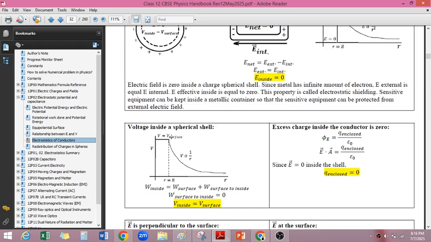Last class we explained this concept. Mm. Last class we explained this concept. Sir, I'm recalling.